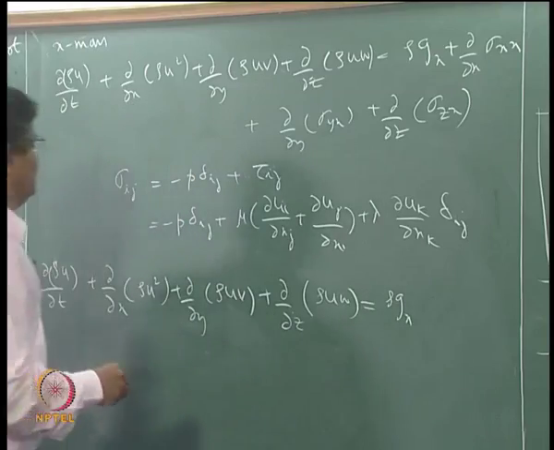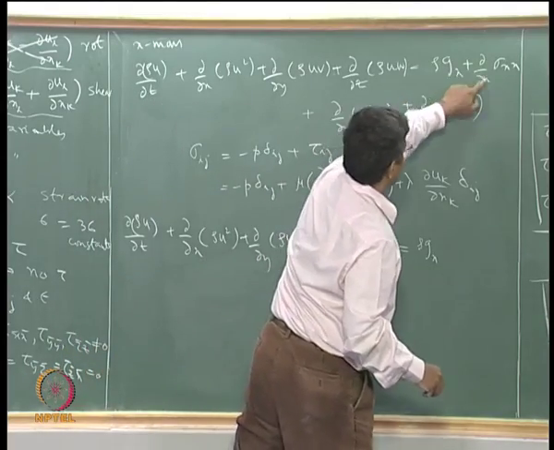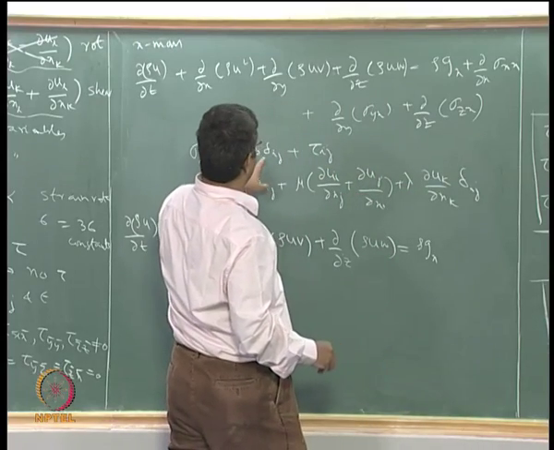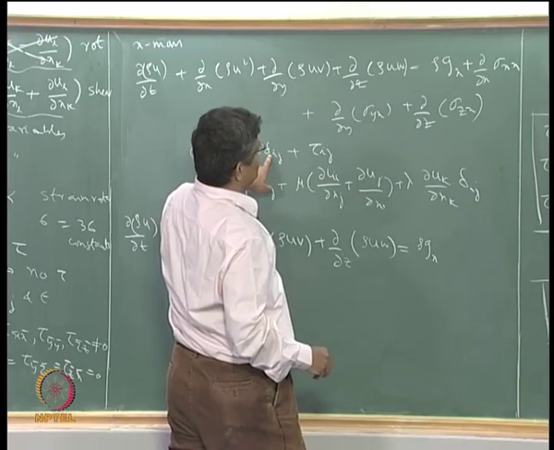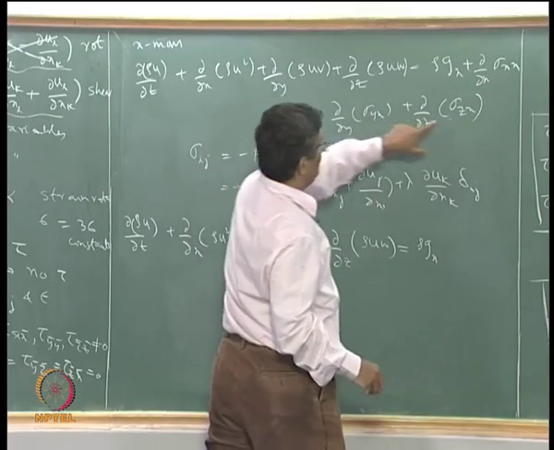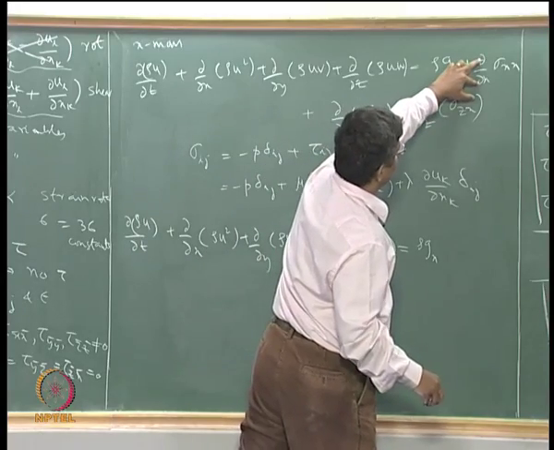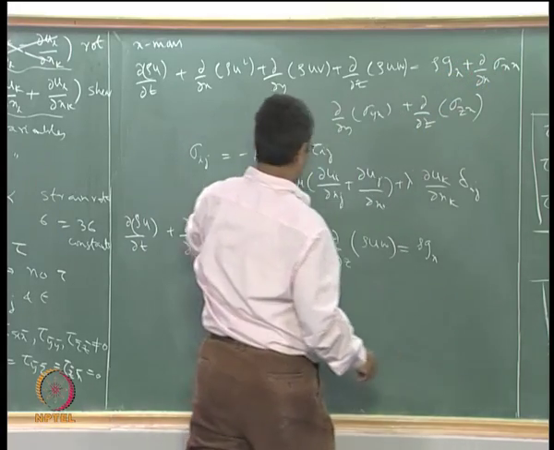rho g x, and here we have dou by dou x of this appearing only in the sigma xx; sigma yx will be 0 and sigma zx will be 0. So, only dou by dou x of minus p will come here.